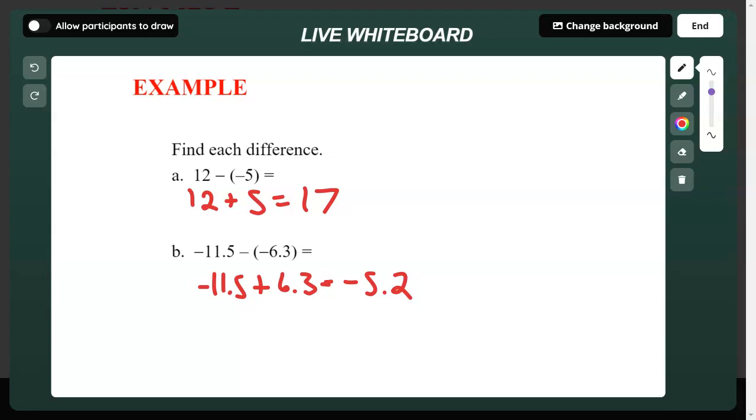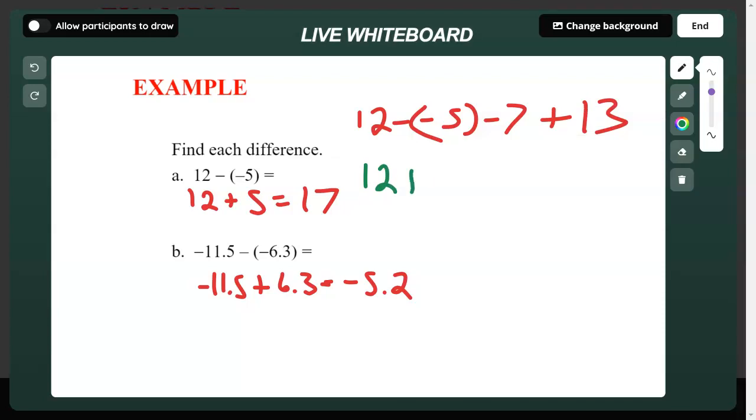And when we have subtraction, what we want to do is, so I have 12 minus negative 5 minus 7 plus 13. We can take a longer expression, rewrite the whole thing as addition.